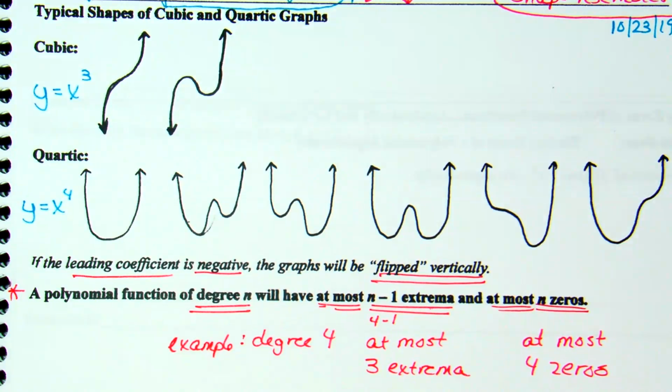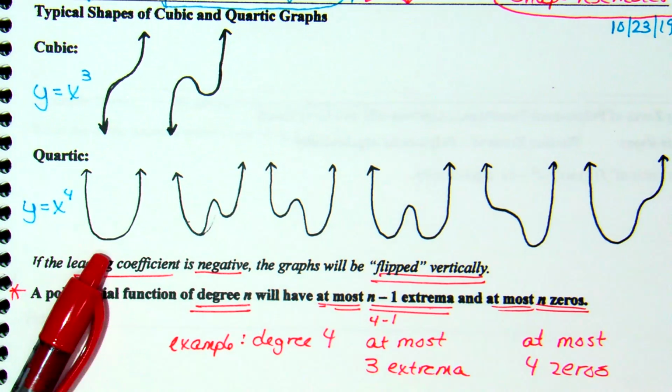Give everyone a moment, make sure we're all caught up here. Okay, these are all quartic examples, yes? Do all of them have 3 extrema? Remember, what are extrema? Mins and maxes. This basic one right here, what's it have in the way of extrema? It has 1, yes, because it has 1 min.